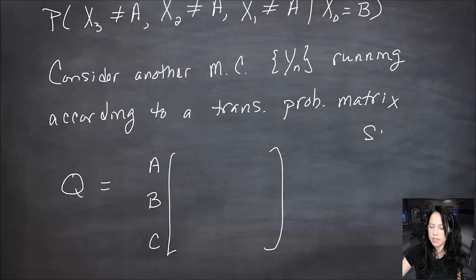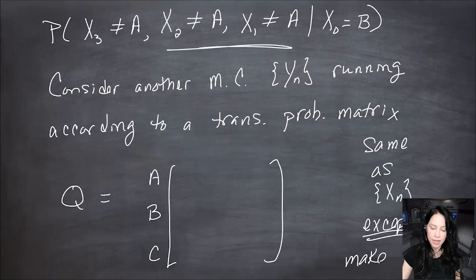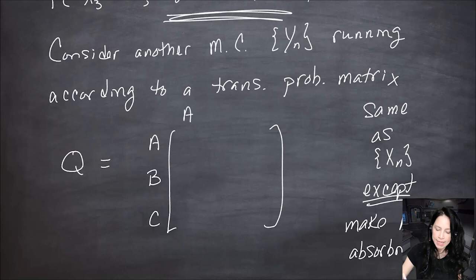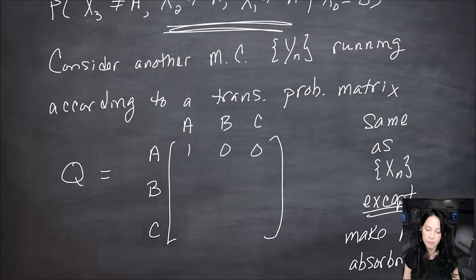So I'm going to make this the same as it was for Xn, except I'm going to make the state that we don't want to hit, which is A, absorbing. So if A is an absorbing state, that means the probability you go from A to A is 1, and the other probabilities in the A row are 0. And then I'm going to keep the other rows the same.